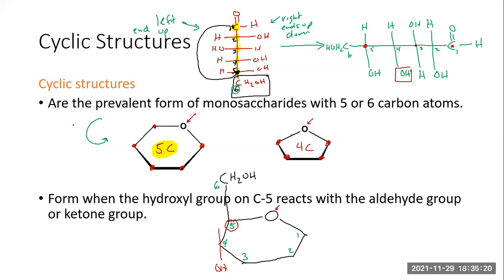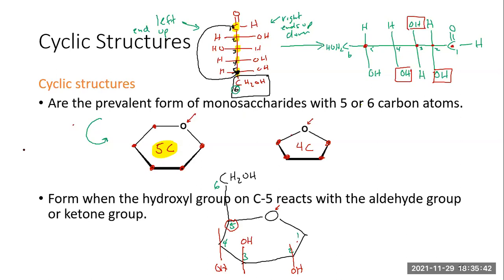When we go to carbon number 3, we see the OH group is up. So at carbon number 3, we draw the OH group up. At carbon number 2, the OH group is down, which means at carbon number 2, we draw the OH group down. Any questions on that?